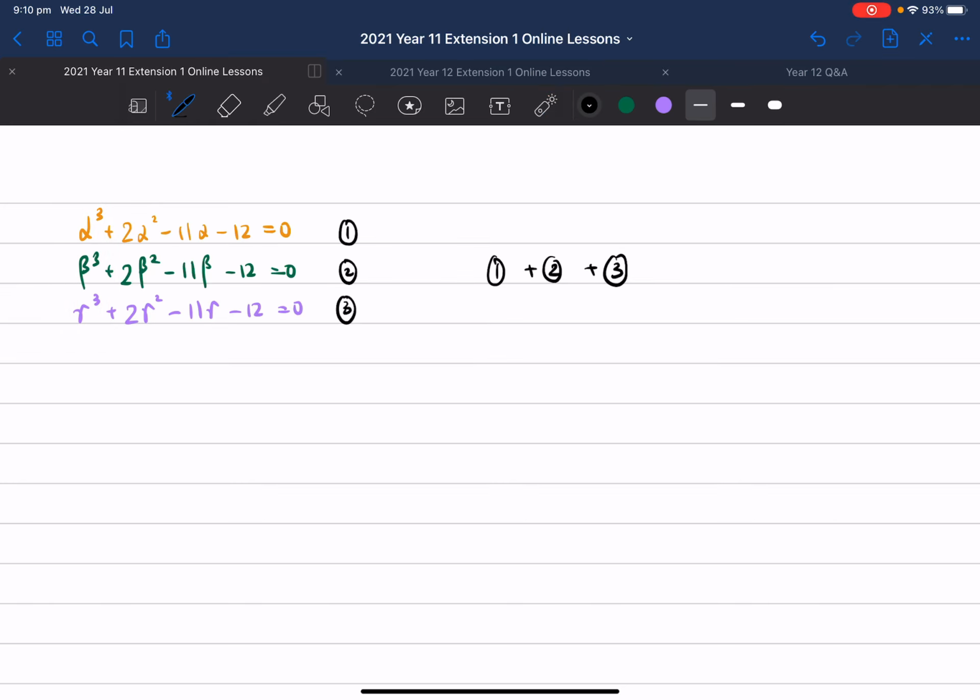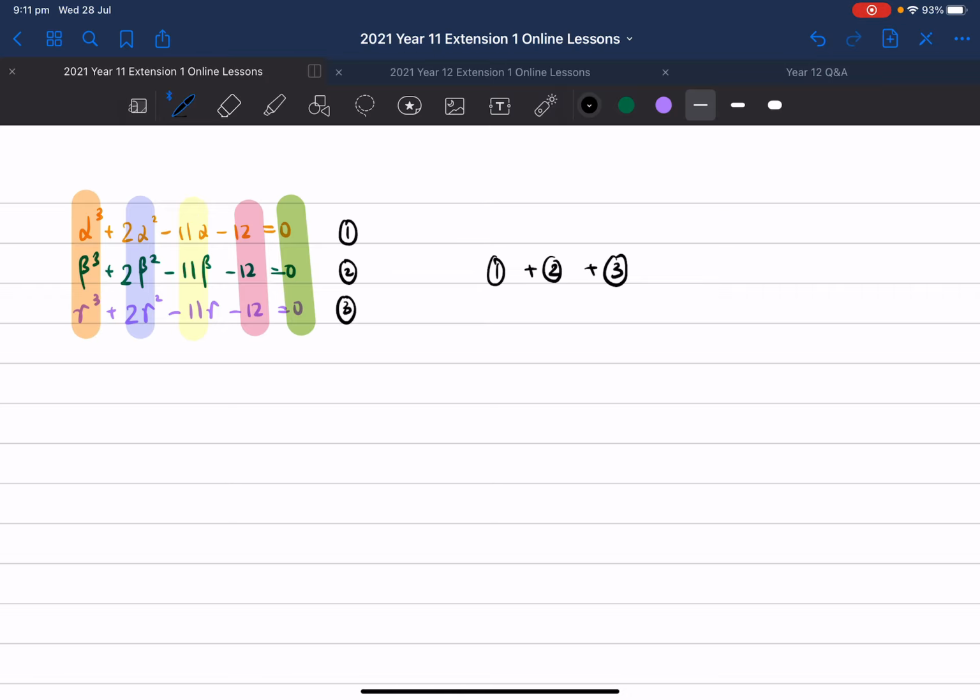Let me highlight the things. We are going to add these three together, add these three together, keep adding these three, and then add the last three as well.